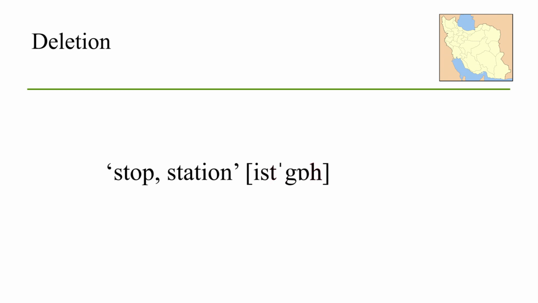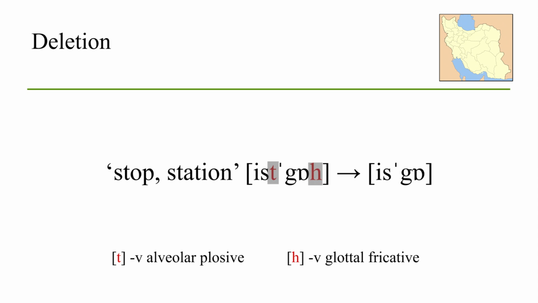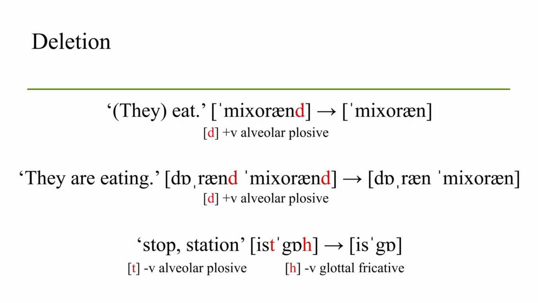Another example, again from Persian, the word for stop or station is istgah, then it becomes isga. So both ta and ha are dropped. So usually you would hear just isga. You don't say istgah. So the point here, if you look, there's a pattern in my examples. You have one word, one deletion, two words, two deletions, but then one word, two deletions, right?